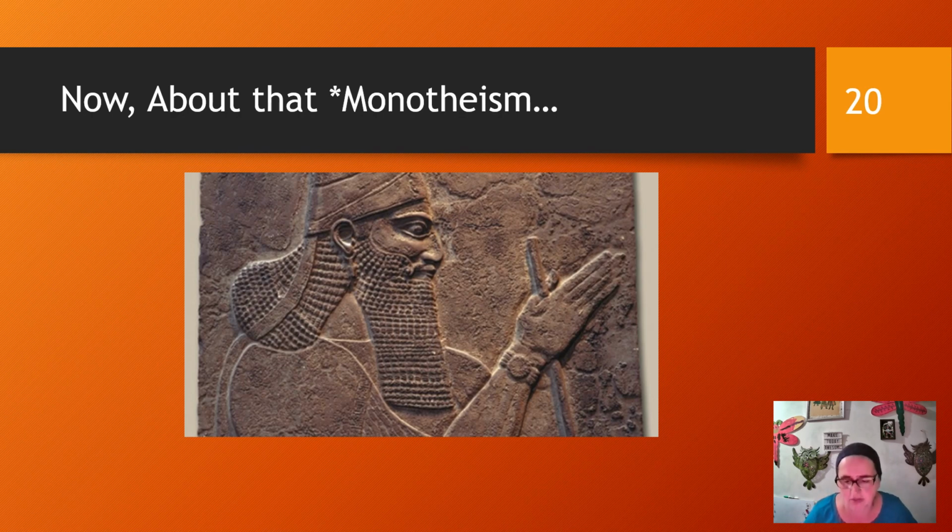So ethical monotheism is eventually where Judaism ends up, but it goes through this process first, from polytheism before the change in Hebrew self-understanding as belonging to God, into henotheism, which is the worship of one God, but the acknowledgement that other gods exist, and into monotheism, with an emphasis on ritual purity, less emphasis on ethics, perhaps, and into ethical monotheism, which is the belief in one God, and that belief necessitates a certain ethical or moral standard.